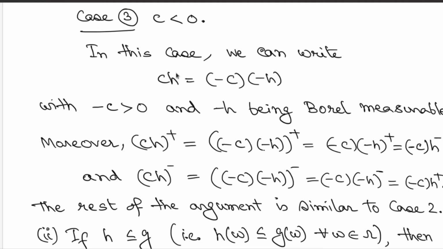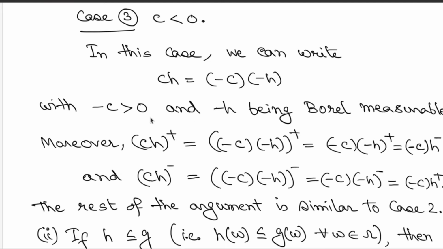In that case, observe that c times h can be thought of as minus c times minus h. Minus c here is now a positive quantity. c was given to be negative, so minus c must be positive, but then h is given to be a measurable function, so minus h is also a measurable function.